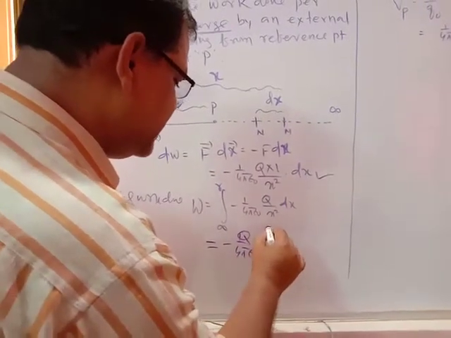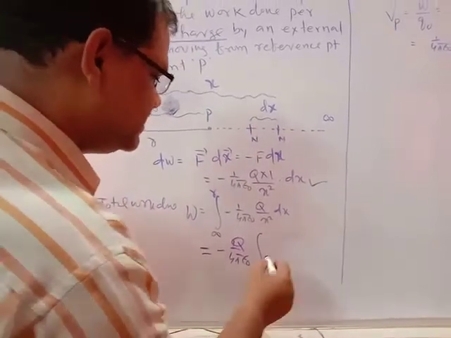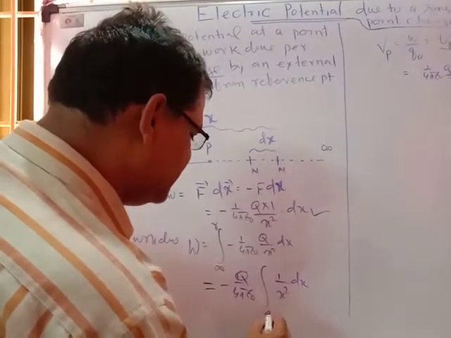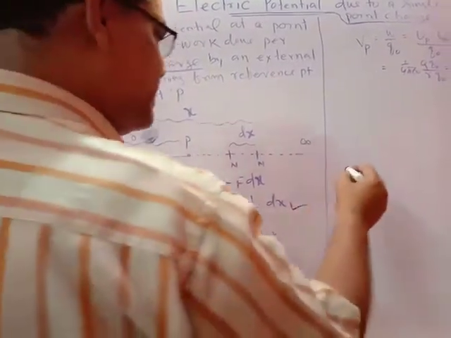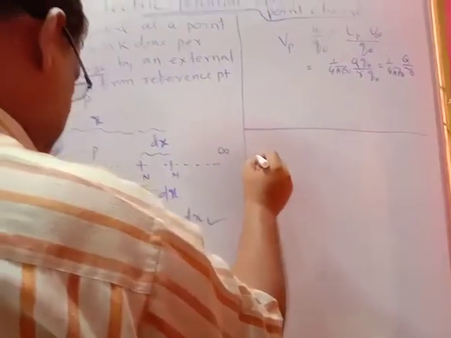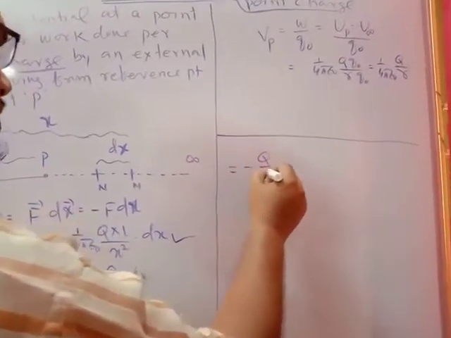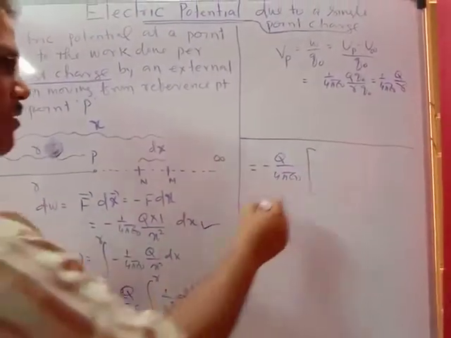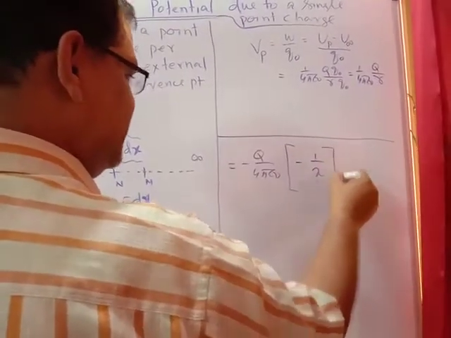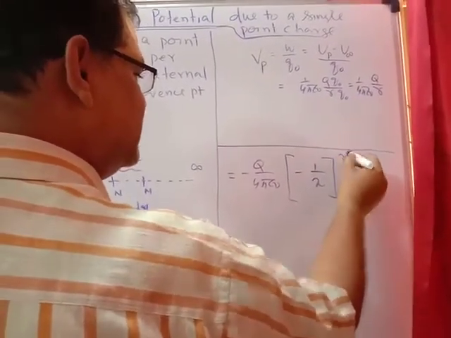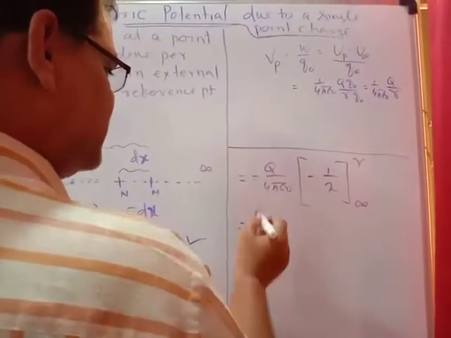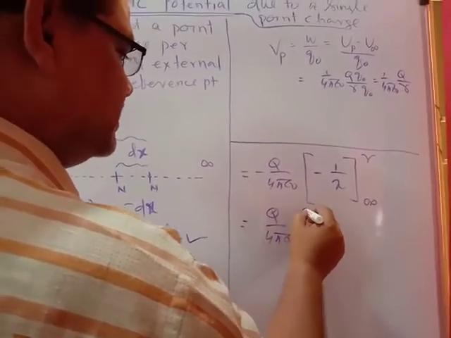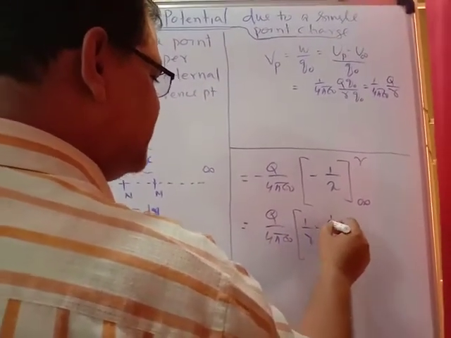The remaining is the integration of 1 by x square dx, with limits from infinity to R. This equals minus Q upon 4 pi epsilon naught, and the integration of 1 upon x square equals minus 1 by x, with limits from infinity to R. The minus and this minus make it positive, so Q by 4 pi epsilon naught, and here you get 1 upon R minus 1 upon infinity.